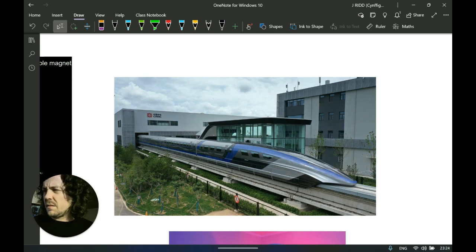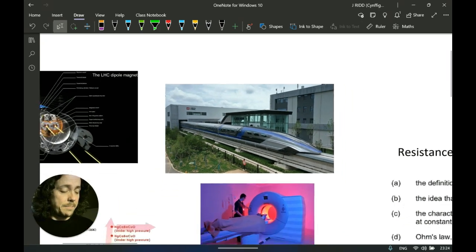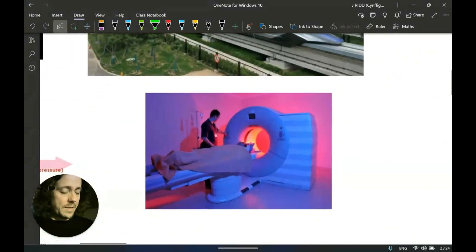Would it still be a rail? I don't know. But the train would be levitated using really strong magnetic fields produced by superconducting magnets. And then finally, MRI machines is another application. There are also military applications as well.